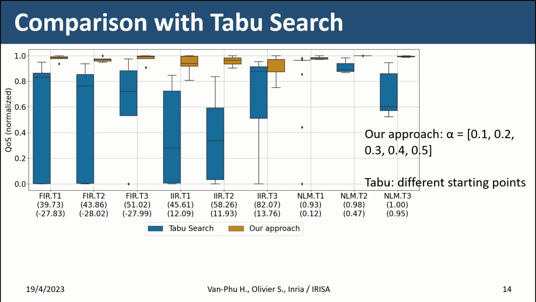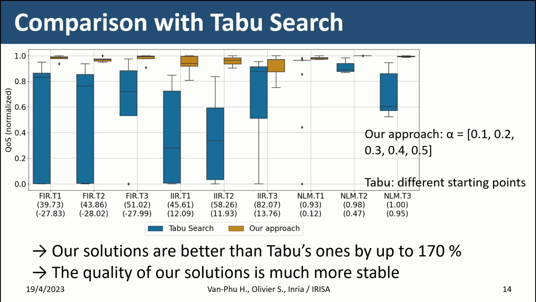The solution found by tabu search strongly depends on the starting points and can vary greatly in quality. The solution obtained by our approach is much more stable. The average quality of solutions obtained by our approach is consistently better than those by tabu search, by up to 170%.